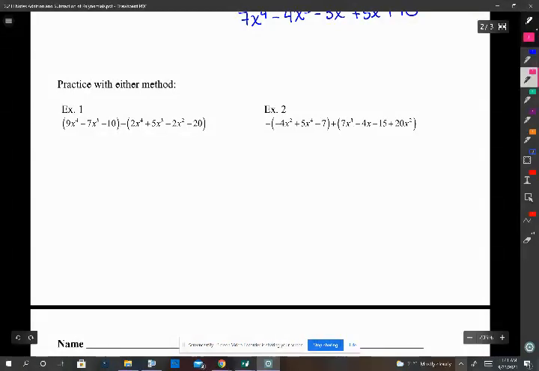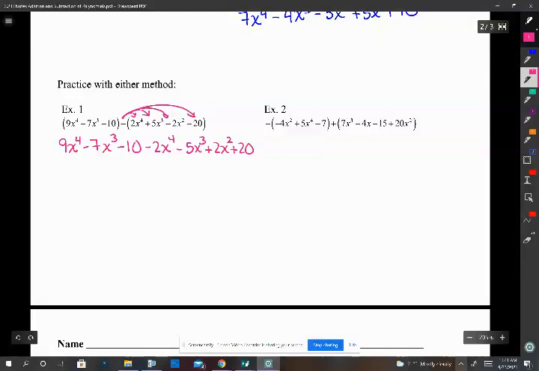So as we do it, remember that we like to distribute that negative sign. So if I distribute the negative sign or the negative 1, however you're looking at that, you're giving it to every piece. And so this is 9x to the fourth minus 7x to the third minus 10. And then this is going to be minus 2x to the fourth minus 5x to the third plus 2x squared plus 20.